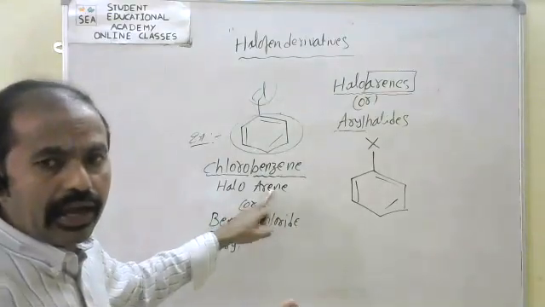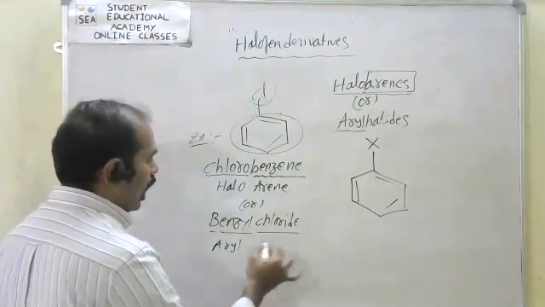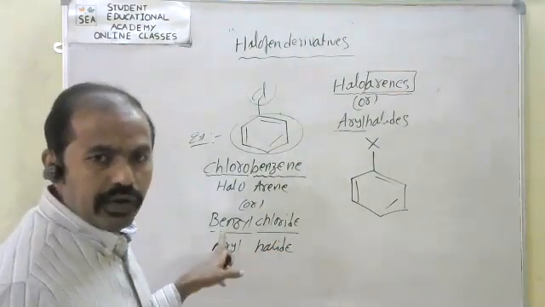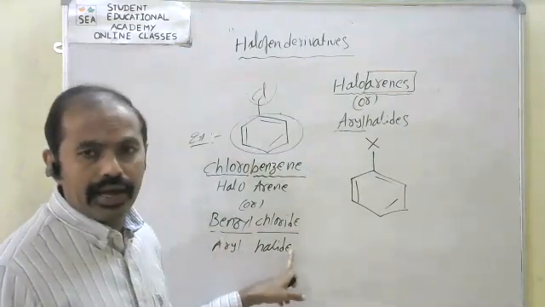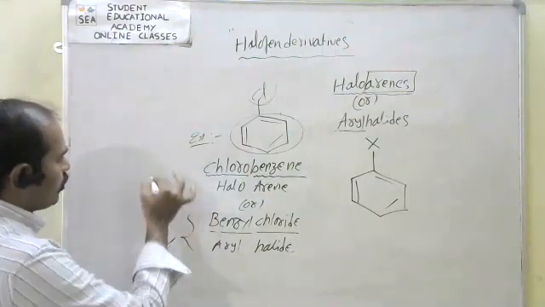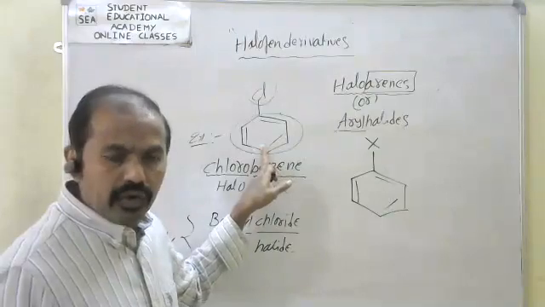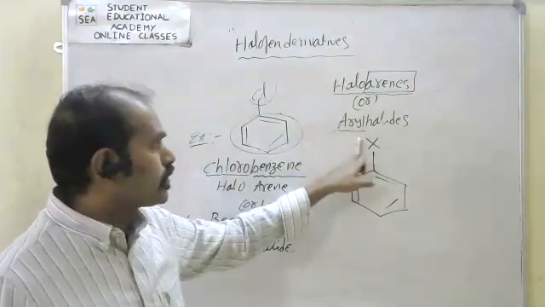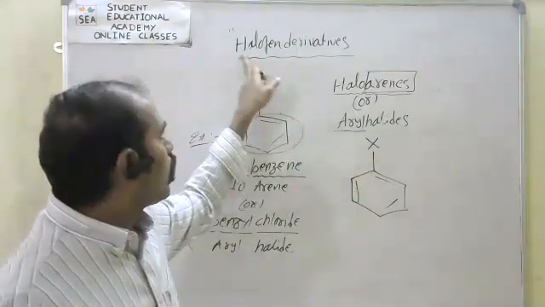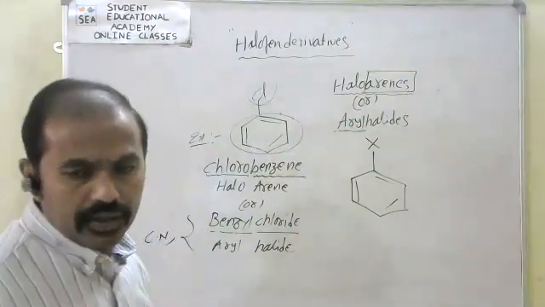Arene related alkyl is aryl, so it is nothing but aryl halide. Generally it is referred to as the common name, and chlorobenzene is the IUPAC name. Simply, haloarenes are nothing but aryl halides. These are also called halogen derivatives of arenes.